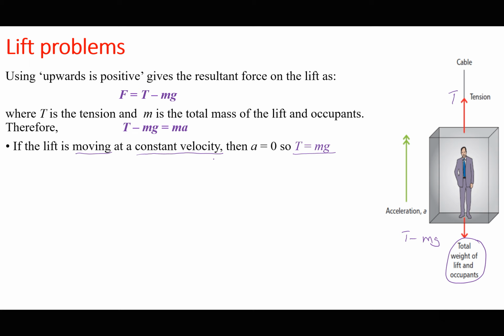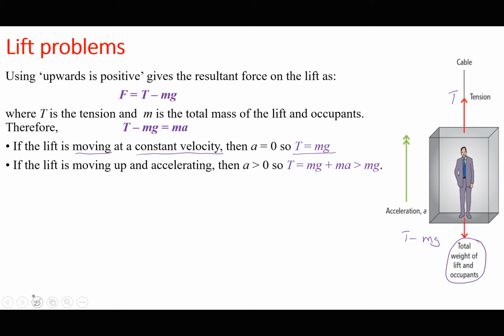Suppose the lift is moving upwards and it is speeding up, that is, it is accelerating. The only way it can accelerate is when the tension is equal to the weight of the occupants plus a resultant force which will cause it to accelerate. In other words, if the lift is moving up and accelerating, then the acceleration a should be greater than zero.